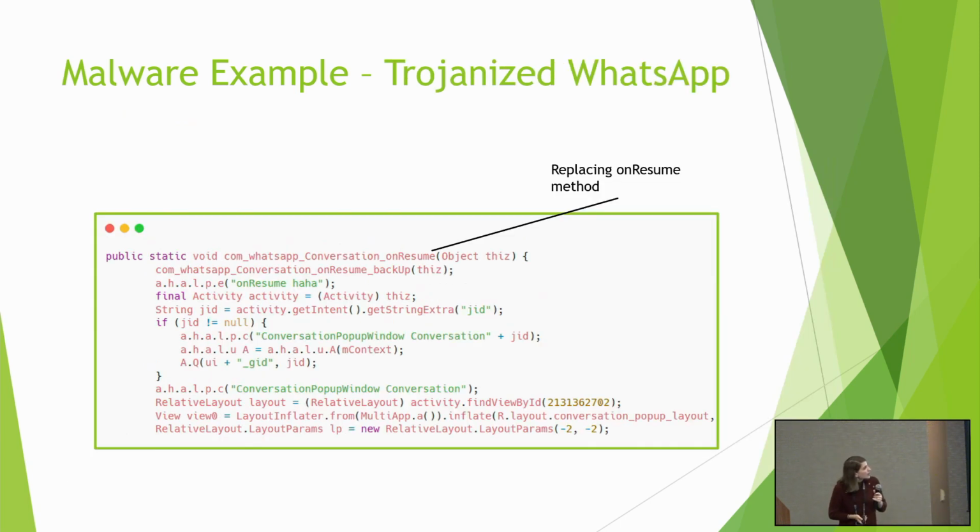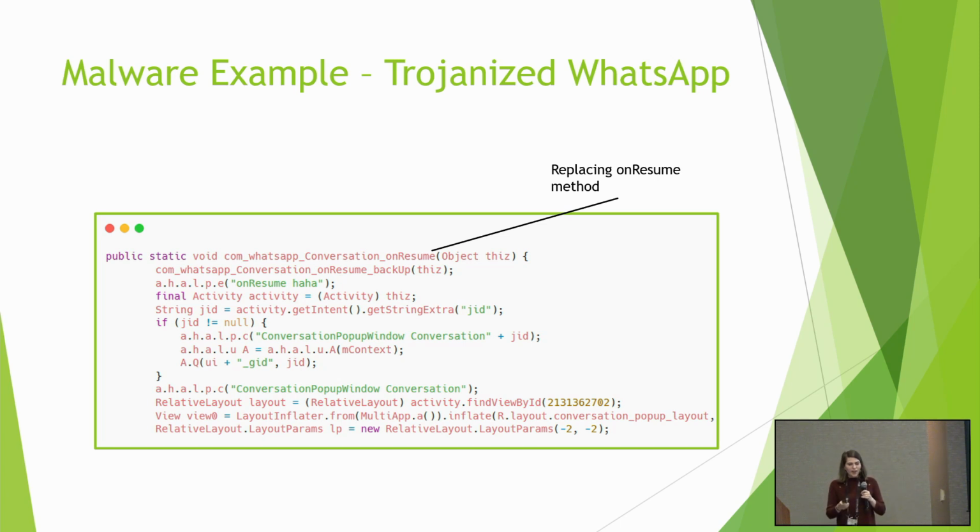This is a further part of this same example, and this is going to be replacing the onResume method of a Trojanized version of WhatsApp. They could have all of the legitimate code of the WhatsApp application, but then they sneak in this tiny bit of additional code that's actually going to be performing the runtime manipulation.